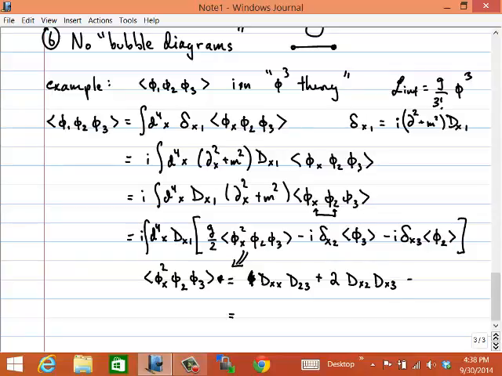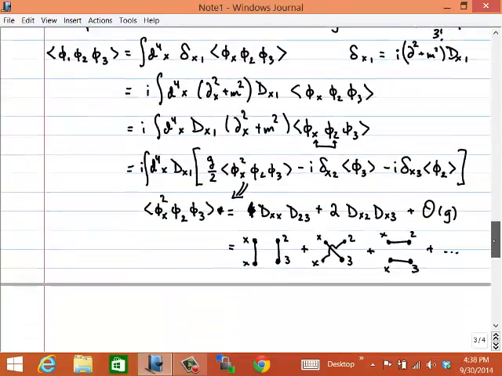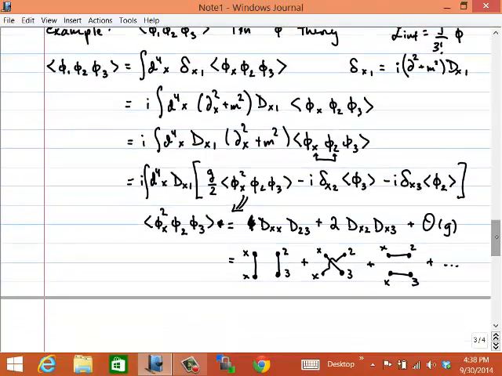Or, in the language of Feynman diagrams, this is equal to, say, we have 2 points here, this guy, plus this guy, plus this guy, plus the final possibility where you have x connected with 2 above and x connected with 3 below. So that was this first term.